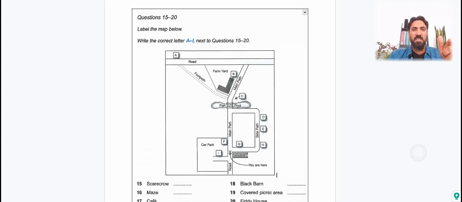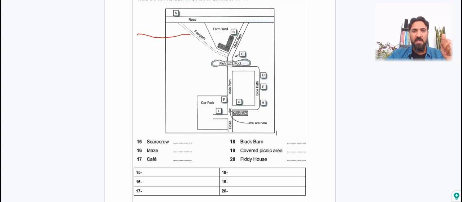So as you can see, again, you have a question, but in this question, you must label the map. So here we have a map which has different parts. As you can see, we need to find a scarecrow, we need to find the maze, we need to find a cafe, a black barn, covered picnic area, and we need to find the Fiddy house.